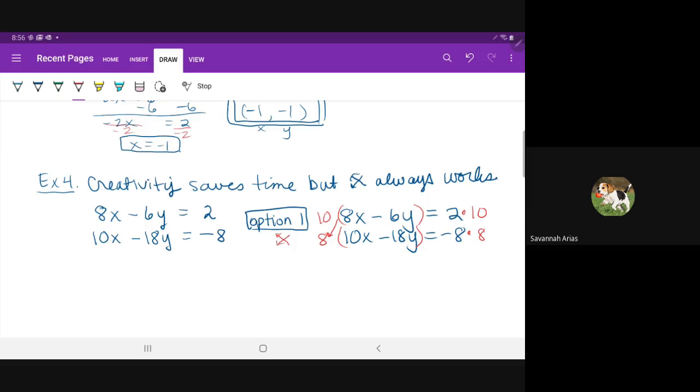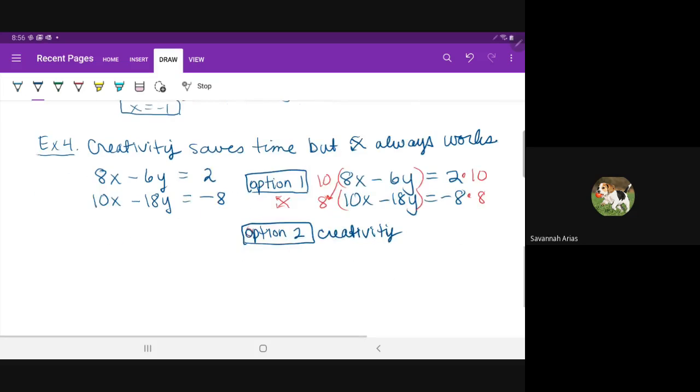Or option 2, which is the one we're going to actually do, is the creativity way. Is there another way to make the front numbers match?